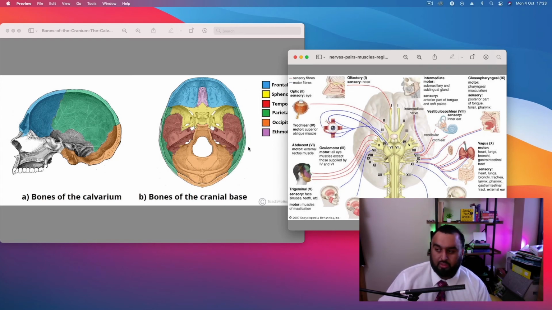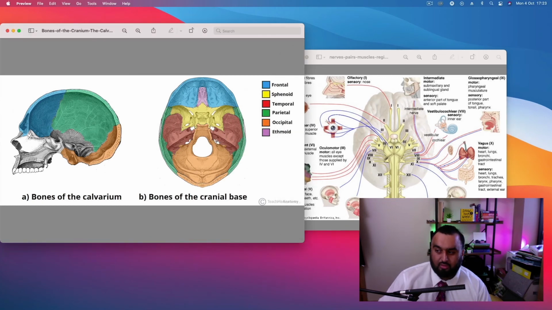An important thing to mention is that there's a little structure there. It looks like a little 8 almost, and number 8 is known as the jugular foramen. That's where it passes through.